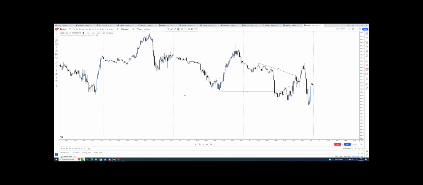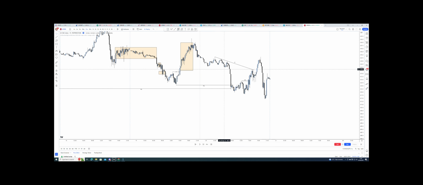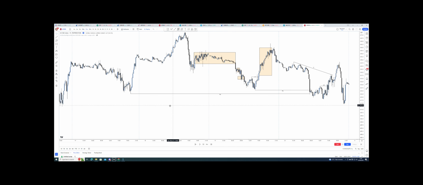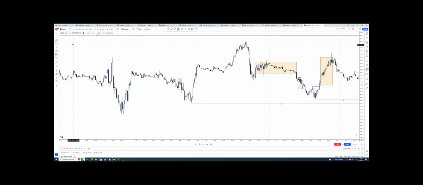And this is the consolidation, and then this is the sell side of the curve, and then that's your buy side of the curve, because again this is a market maker buy model. And you've got the same thing here, initial consolidation, then the sell side of the curve, and then look, smart money reversal again.